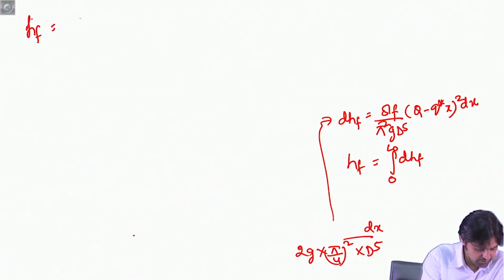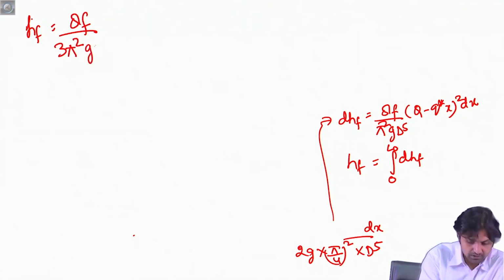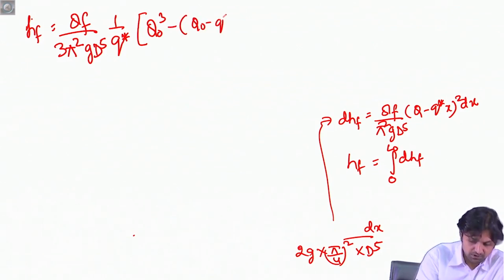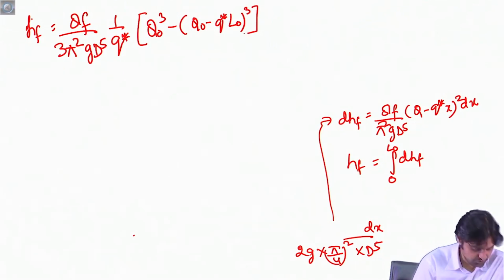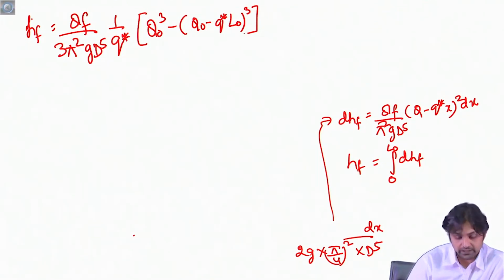So Hf comes to be 8f divided by 3 pi square g d to the power 5 into 1 by Q star into [Q naught cube minus (Q naught minus Q star L naught) whole cube]. All right. So this is the general head loss for the continuous withdrawal that we have found out.